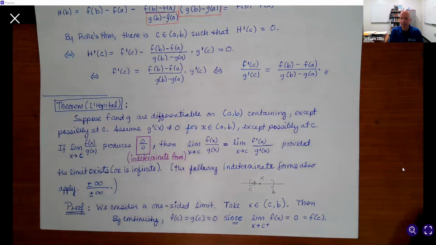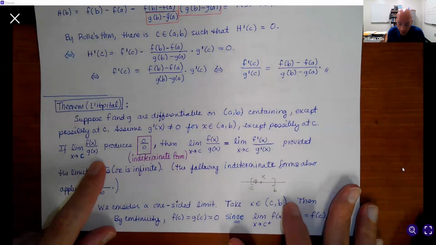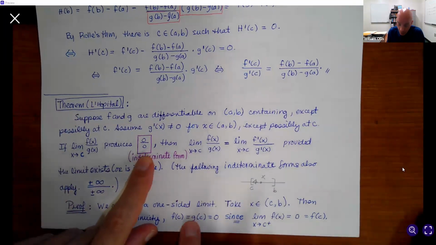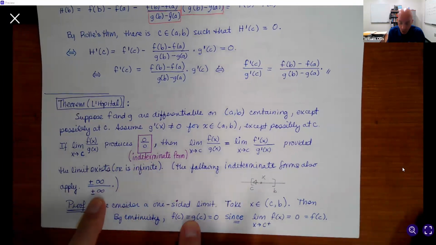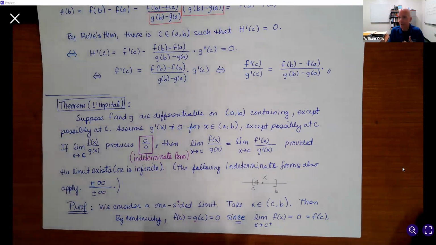You're thinking, well, I can't make a determination based on that analysis. So you simply verify that you have the 0 over 0. And also, this will be applicable to the infinity over infinity, or any combination plus or minus of that. We don't have to worry about the plus or minus.